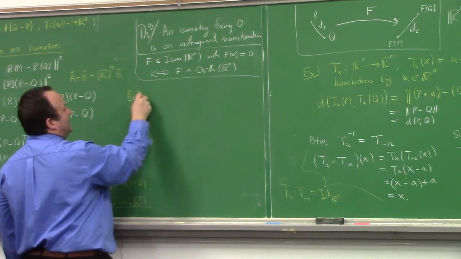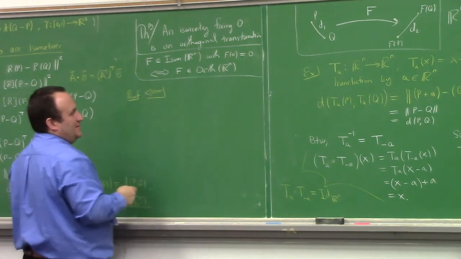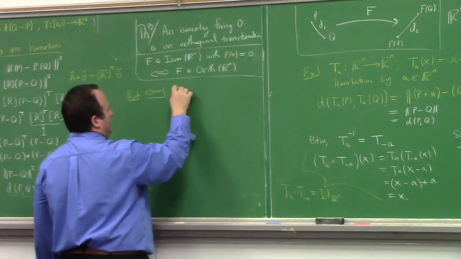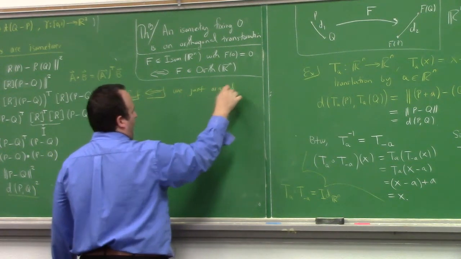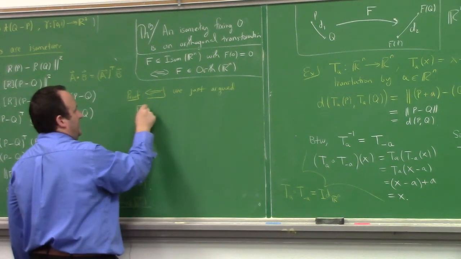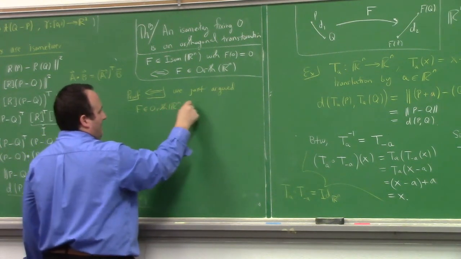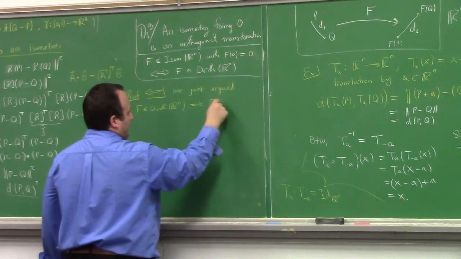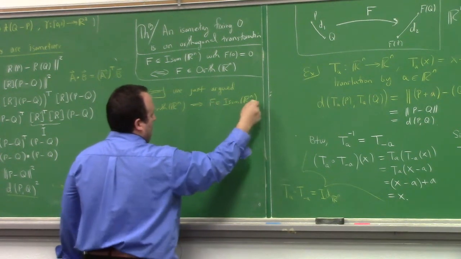Okay, so proof. We'll do this way first, right? So we just argued that f is orthogonal implies f is an isometry. So we got that.